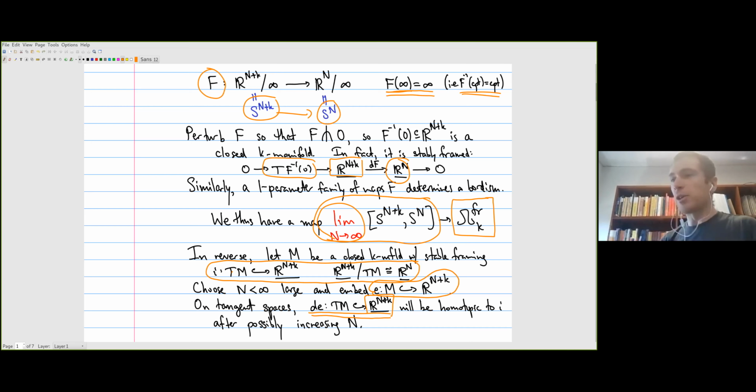You show that every vector bundle has a homotopically unique embedding into a trivial vector bundle. In particular, any two embeddings of your favorite vector bundle into a trivial vector bundle become homotopic once you increase the dimension enough.